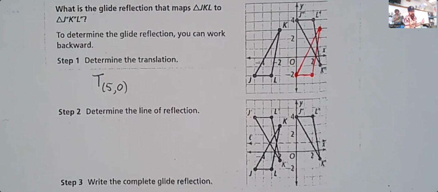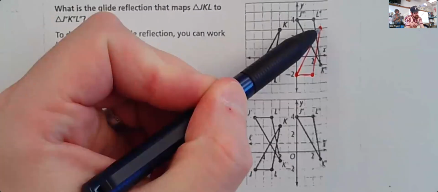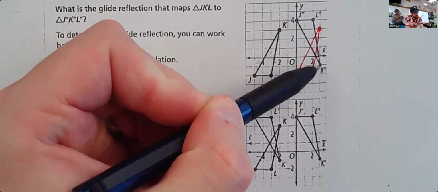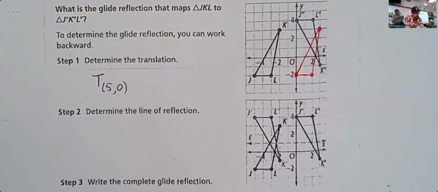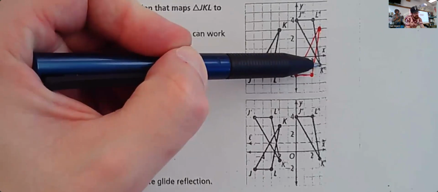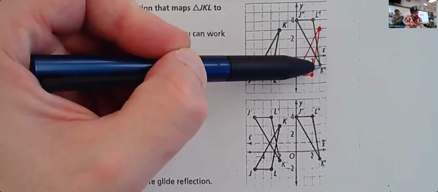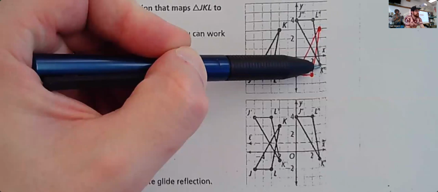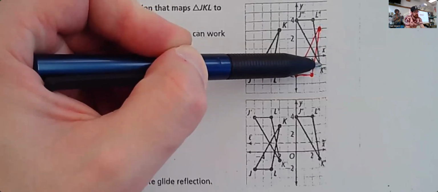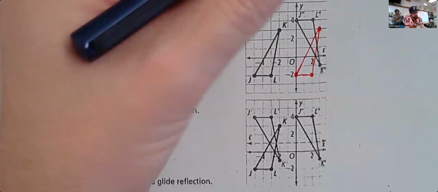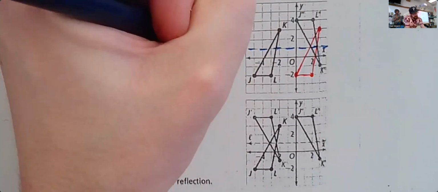If we pick this value of K and that value of K, and figure out how far apart those 2 points are vertically, we're just going to go halfway in between. How far away are those 2 points? 4. So if we go 2 from each one, that'll put us right in between, which will be this line right here. And that is our line of reflection.